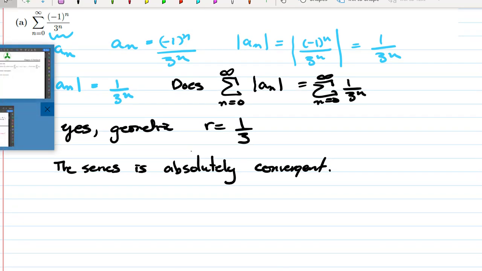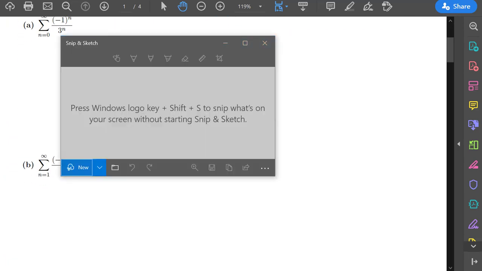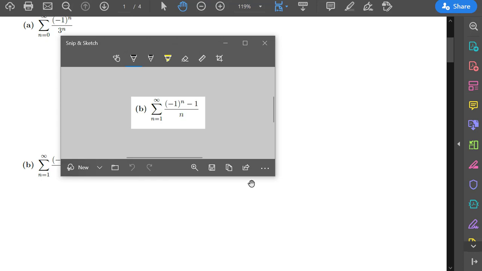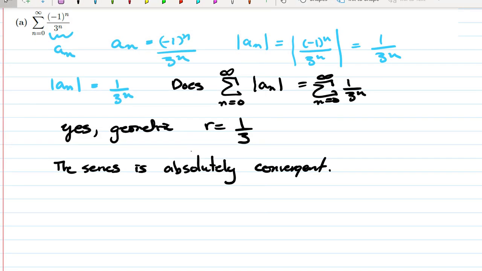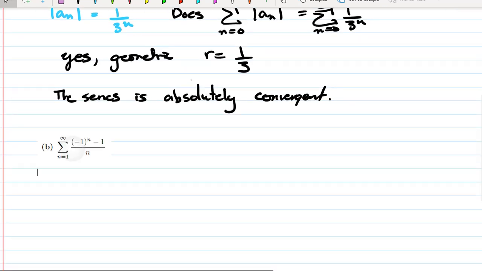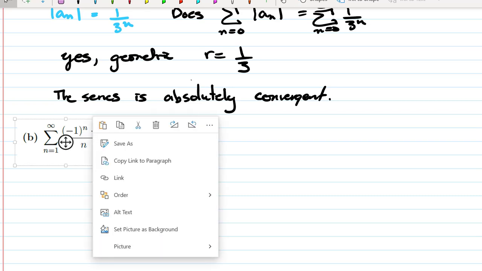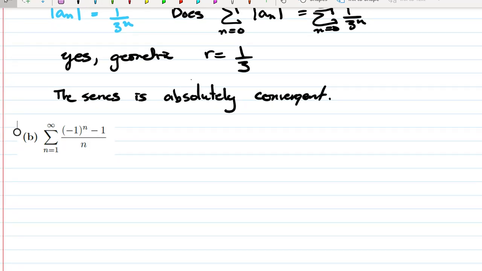All right, so let's take a look at the next example. Once again, we identify our a sub n, and it looks like I have a typo here.